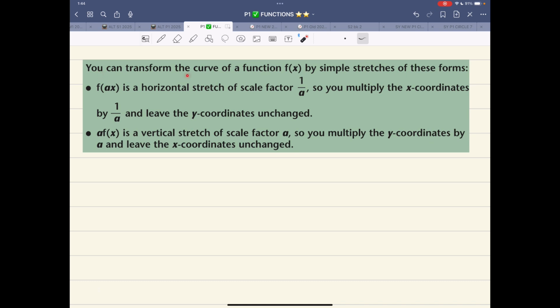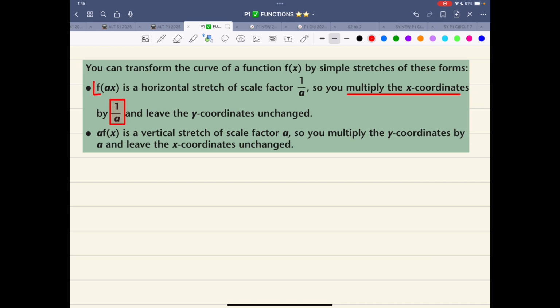You can transform the equation of a function f(x) by simple stretches of these forms. So there are two formats. First of all, let me choose a red color from here, and we are multiplying the x coordinate by 1 over a instead of k. They have written a, that doesn't make a difference.